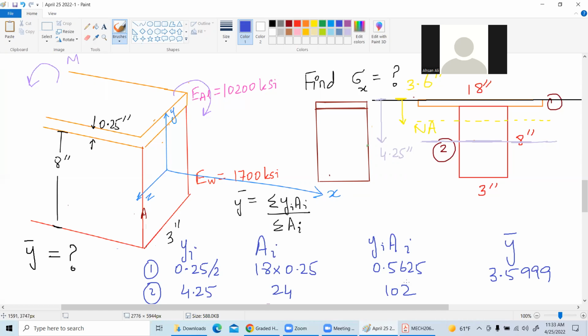Because the aluminum is the top one and the wood is the bottom one. So if I have to find the maximum stress of aluminum, I will go the maximum distance to the aluminum surface from the neutral axis. And the top surface of aluminum is 3.6 inches from the neutral axis.